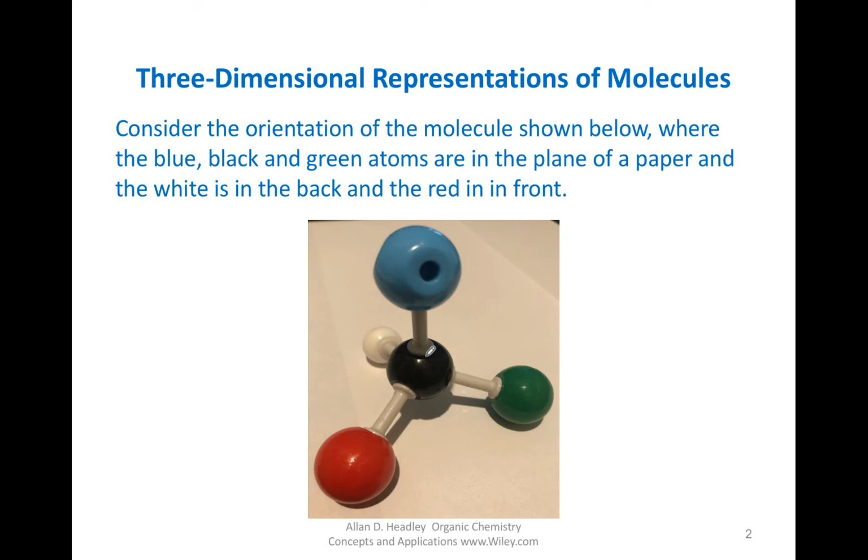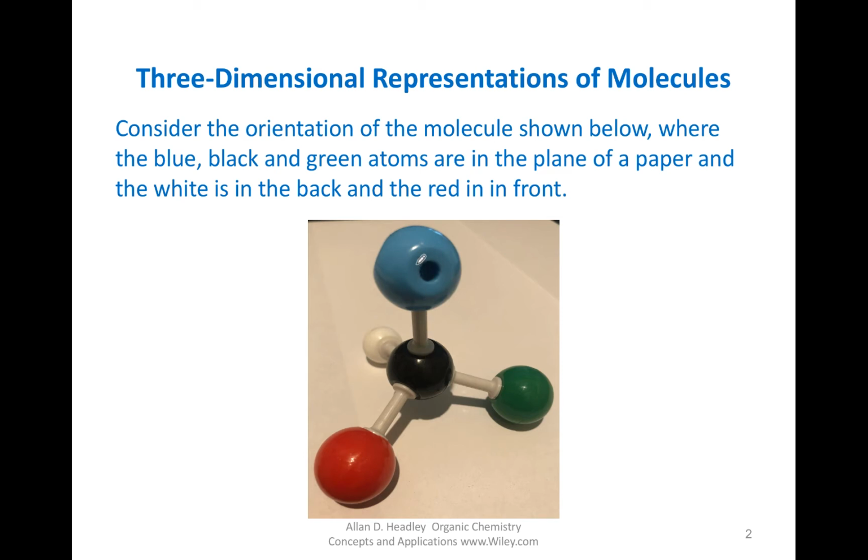Of course, you know the 3-dimensional arrangement of the atoms around carbon is tetrahedral. It's not flat, it's tetrahedral. So let's look at how we will develop a way of communicating the structure of this molecule in 3 dimensions.